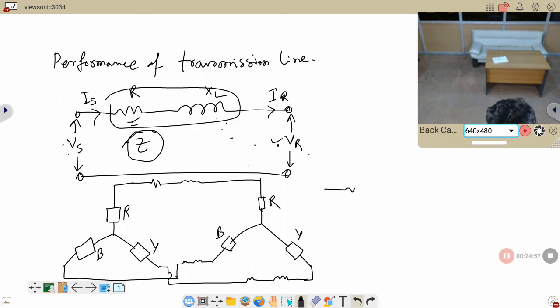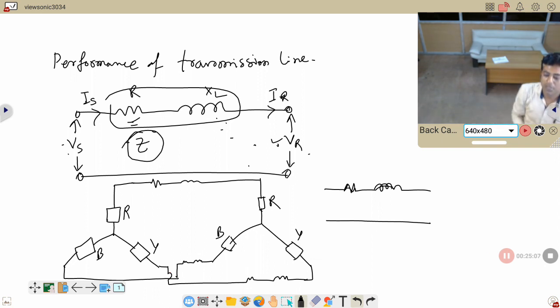That's why you get this kind of diagram. That means we calculate 1/3 of the transmission line, not the total. Whatever power you get, this is the 1/3 power.